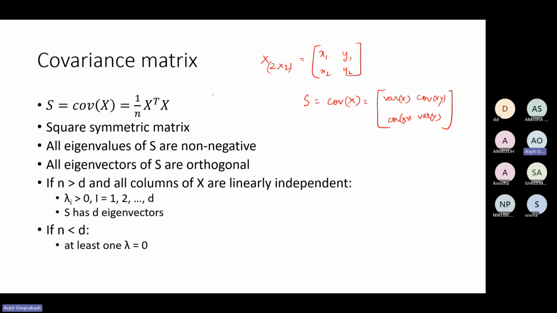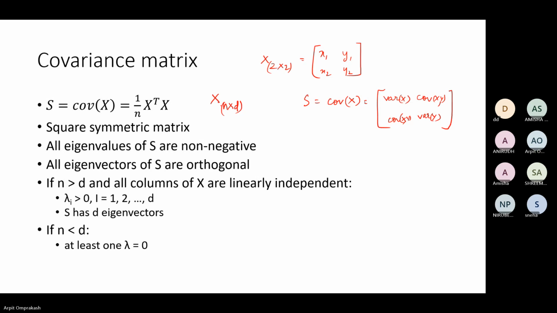So X is basically n cross d, n number of samples, d number of variables, right? If n is greater than d, so we have more samples than variables, and all of our columns of X are linearly independent. So all of our variables are linearly independent, they're not linear combinations of each other, right?